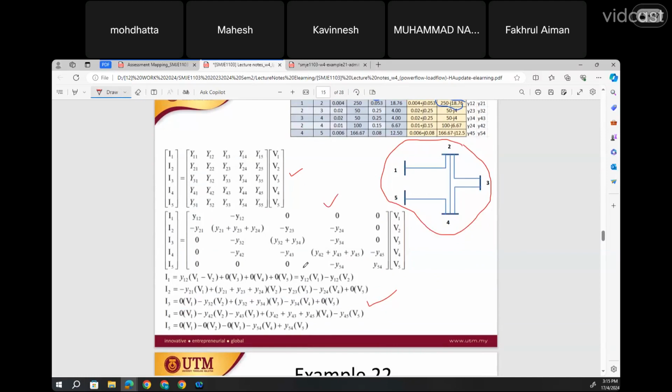I believe I've done it during your A level maybe, or maybe during your secondary school, if you are Malaysian. And matrices were also taught last time. So this is how, from equation, we form it into a matrix.